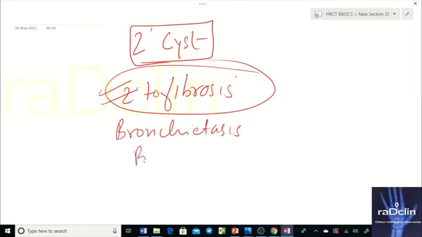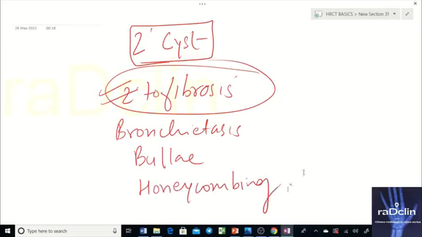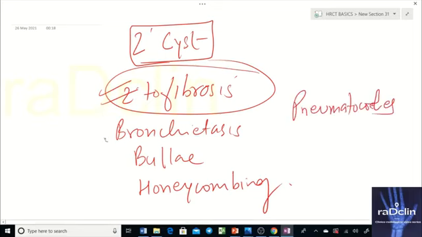We can have a bulla, an emphysematous bulla, that can appear like a cyst. We can have cysts due to honeycombing. And in staph pneumonia, we have pneumatoceles. So these are secondary cysts. They have the appearance of a cyst, which is formed due to some pathology. Primary cysts are the cystic lung diseases, which are rare. That is one concept.